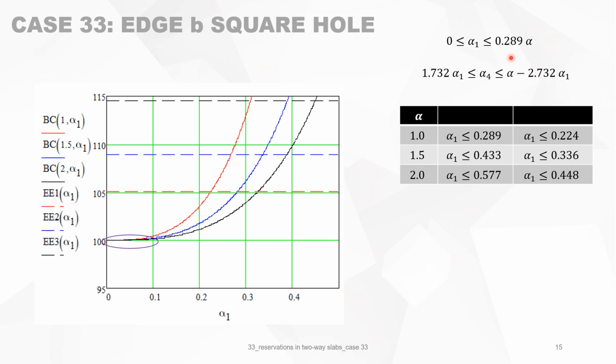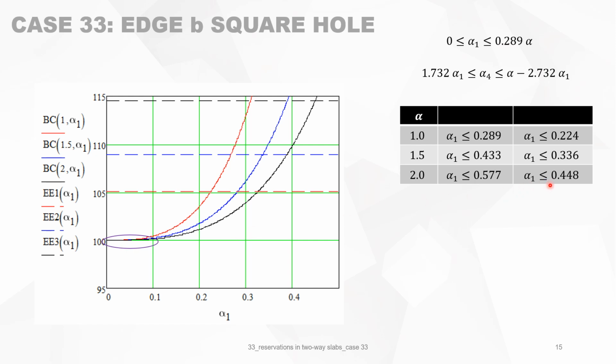And this condition, when alpha is 1, otherwise you cannot have an alpha 4, then alpha 1 must be smaller than 0.224. See, this restriction is more severe than the other one. We do the same for alpha 1.5 and alpha 2, and then you will see each time that this condition supersedes this condition.